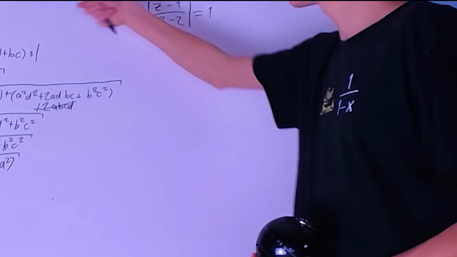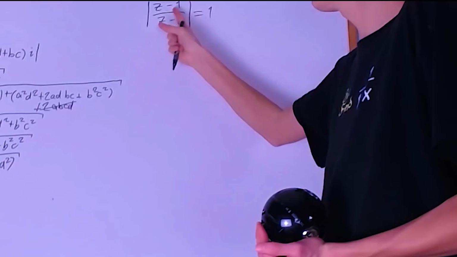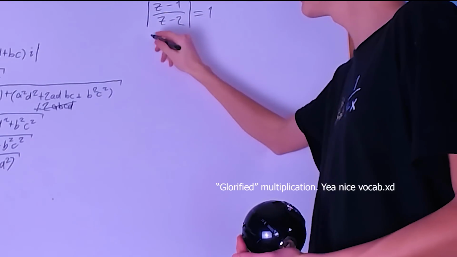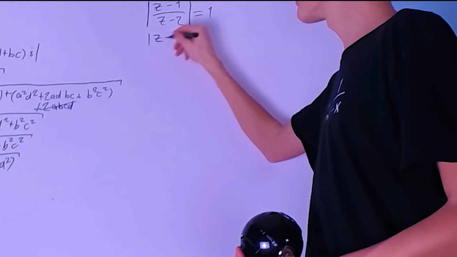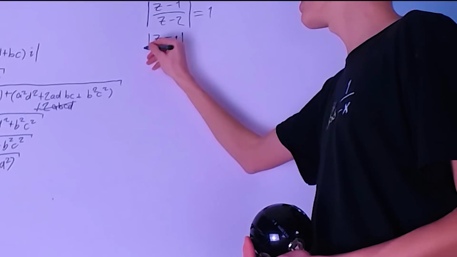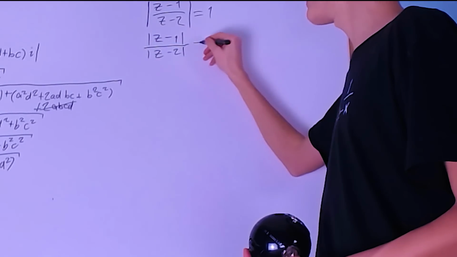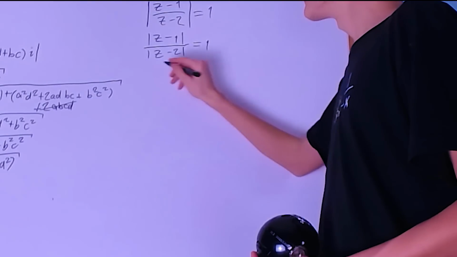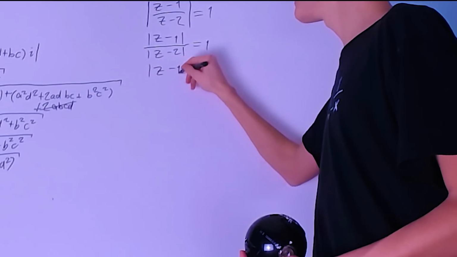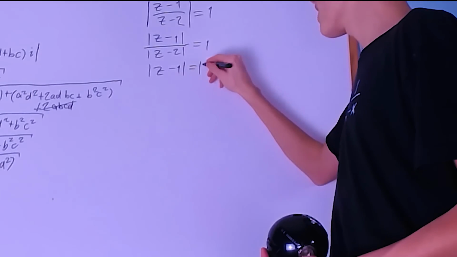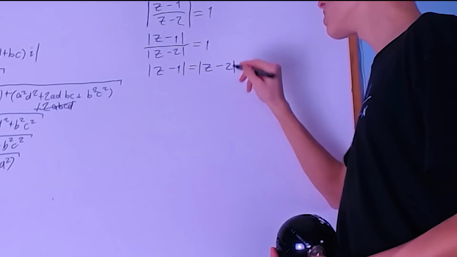Well, using this fact, and because division is just glorified multiplication, I can move this to become the magnitude of z minus 1 on the top, and the magnitude of z minus 2 on the bottom, and that's equal to 1. So I have it that the magnitude of z minus 1 is equal to the magnitude of z minus 2.